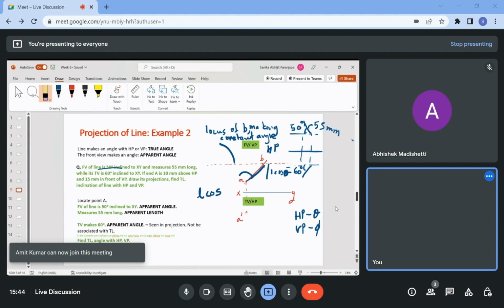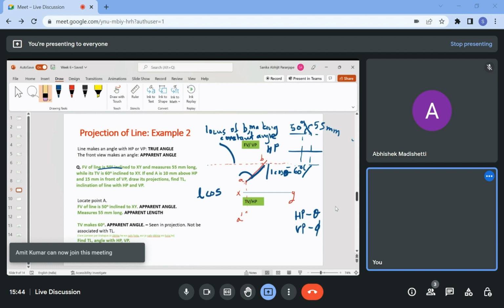Okay, so what they have asked for is to find the true length. Again same thing. I have this locus of point B, the one that I just showed you. And when will I see the true length?